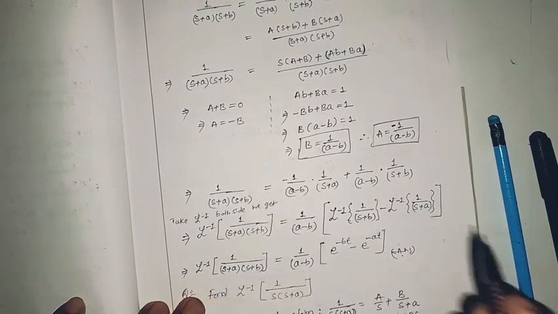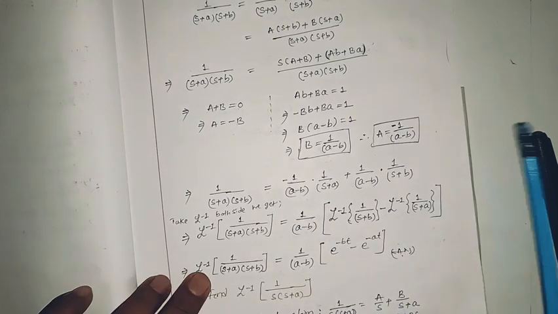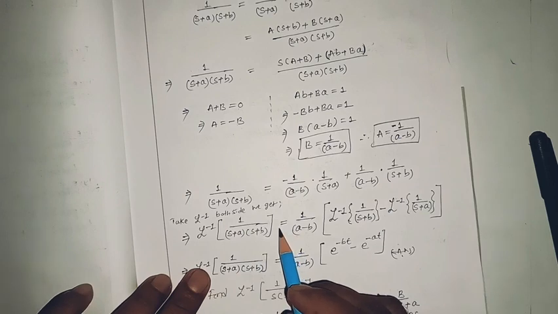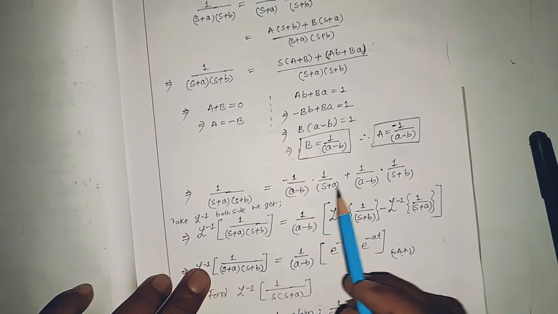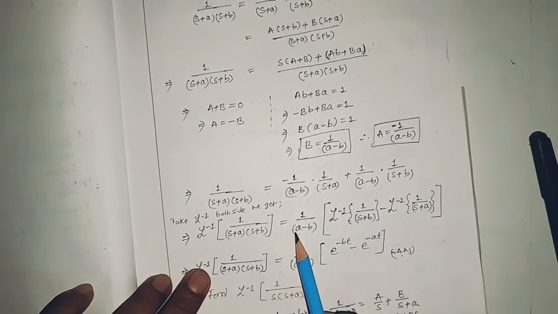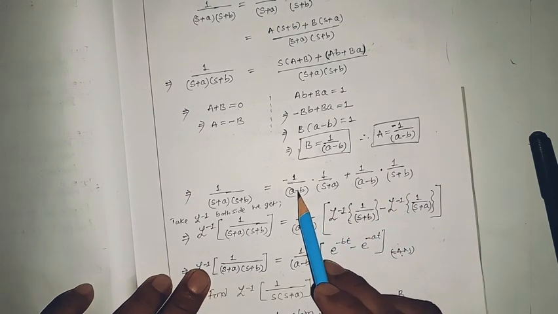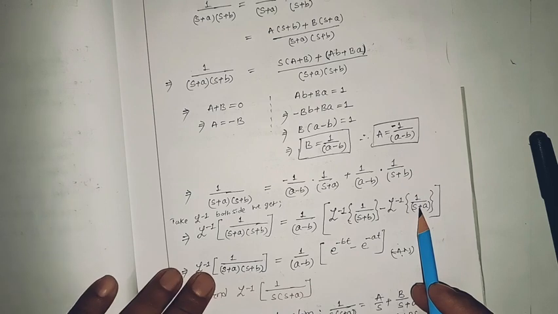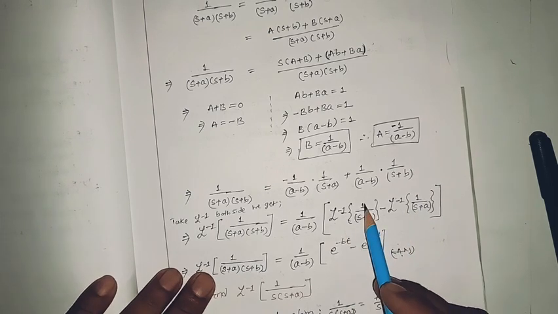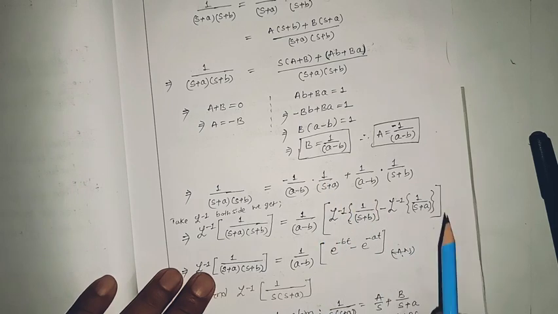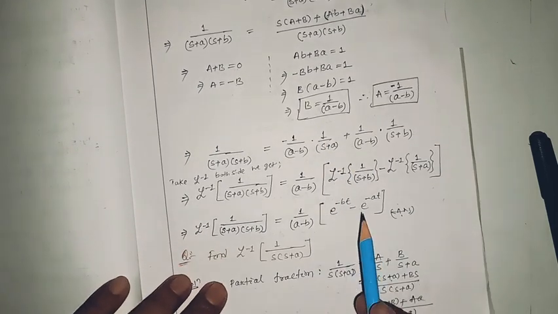Taking the inverse Laplace transform of both sides, the inverse Laplace transform of this one equals 1 by (a minus b) taken outside. This term will be positive and written first, and this term is negative and written second. So the inverse Laplace transform of 1 by (s plus b) minus the inverse Laplace transform of 1 by (s plus a).